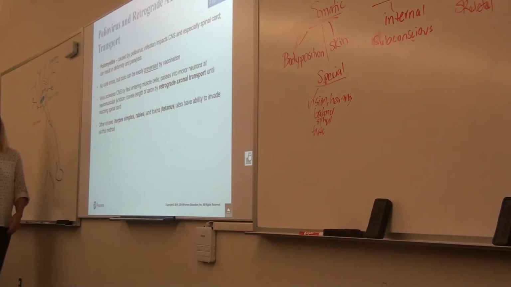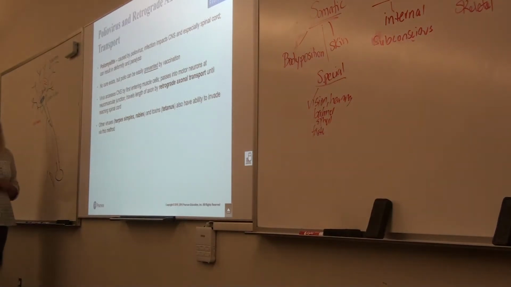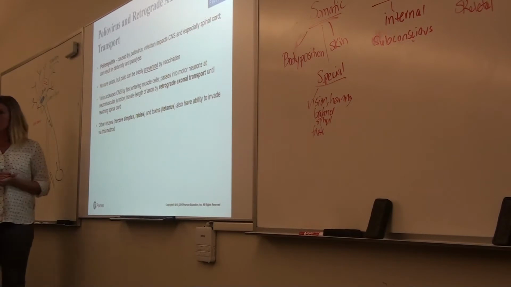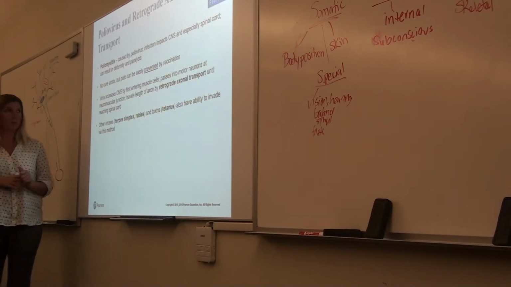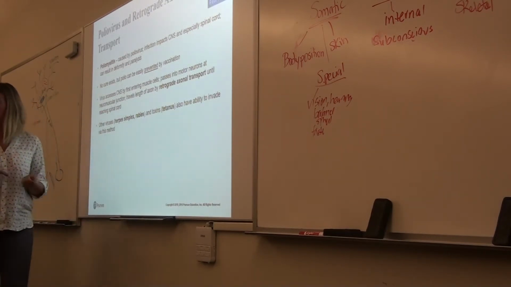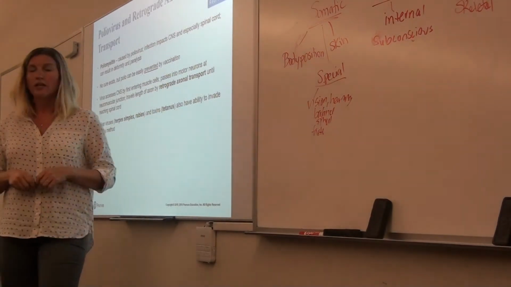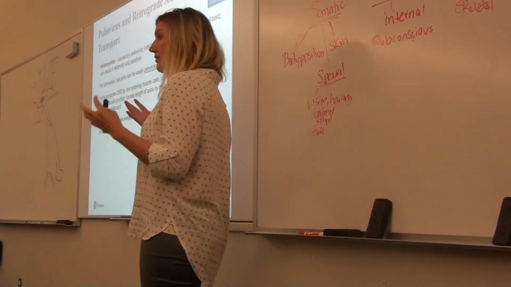So let's talk about some disorders related to this. Poliomyelitis, right? This is the polio virus. This is impacting nerves, especially of the spinal cord. There's no cure, but it can be prevented through vaccination, and it's caused by a virus.